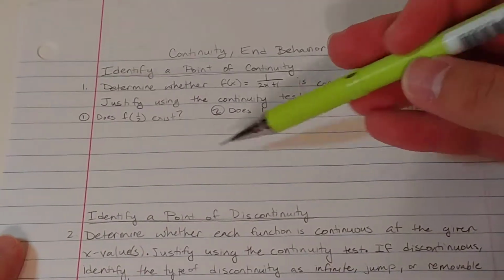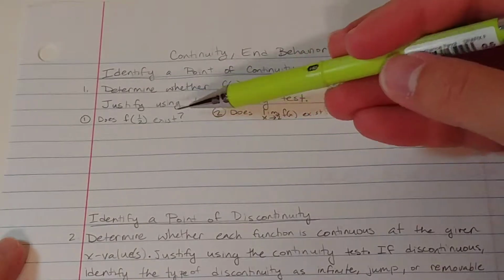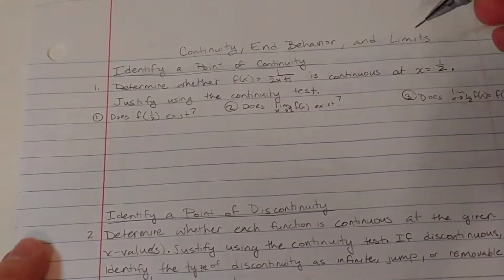All right, so the first one is, does f of 1/2 exist? So what we want to do is substitute 1/2 in for the x. And when we do that, we get f of 1/2 equals 1 over 2 times 1/2 plus 1.